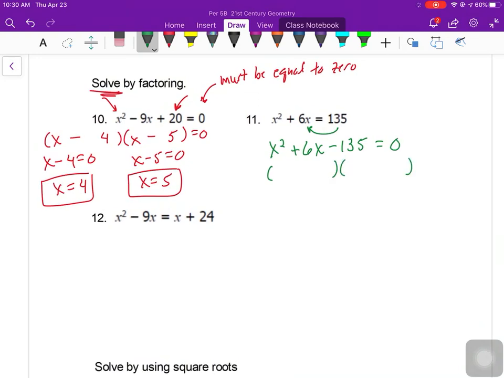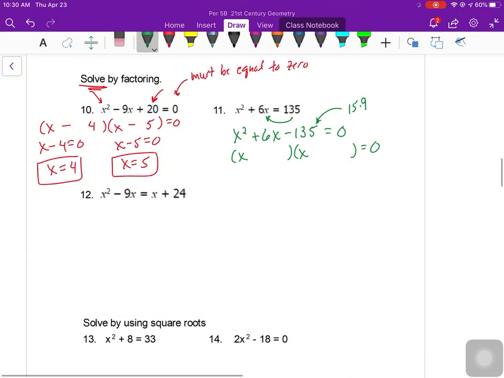Well, we'll make our two sets of parentheses. The front ones are pretty easy. They're x and x. The back ones have to multiply to give me 135 and subtract to give me 6. So things that multiply to give me 135 and subtract to give me 6, 15 times 9.